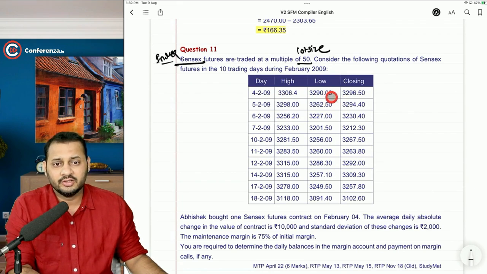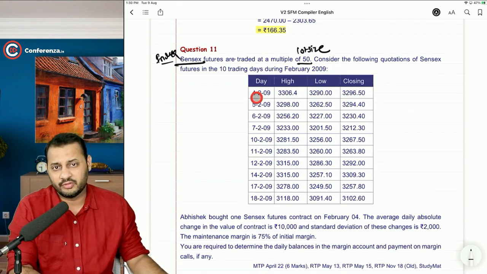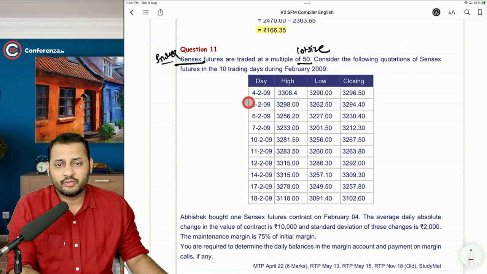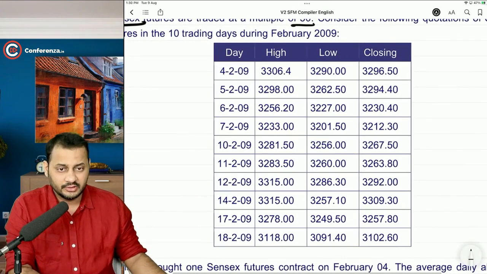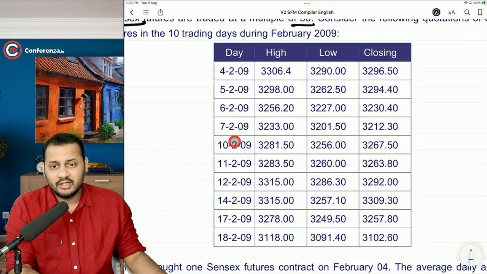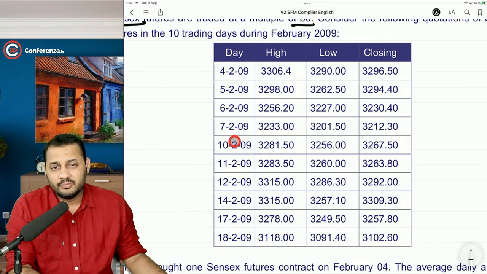So this was the whole day's analysis for the 4th of February. And in this manner, from 4th of February to 18th of February, everything is given. You can understand that there will be certain gaps. Let's say 4, 5, 6, 7, and then 8 and 9 are missing. Probably we will consider 8 and 9 to be Saturday and Sunday. That's why the market is closed, and that's why there is no information regarding that.